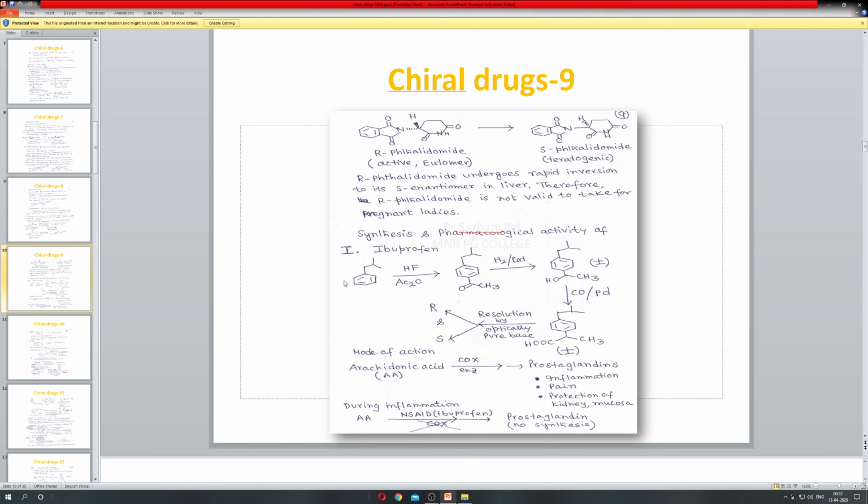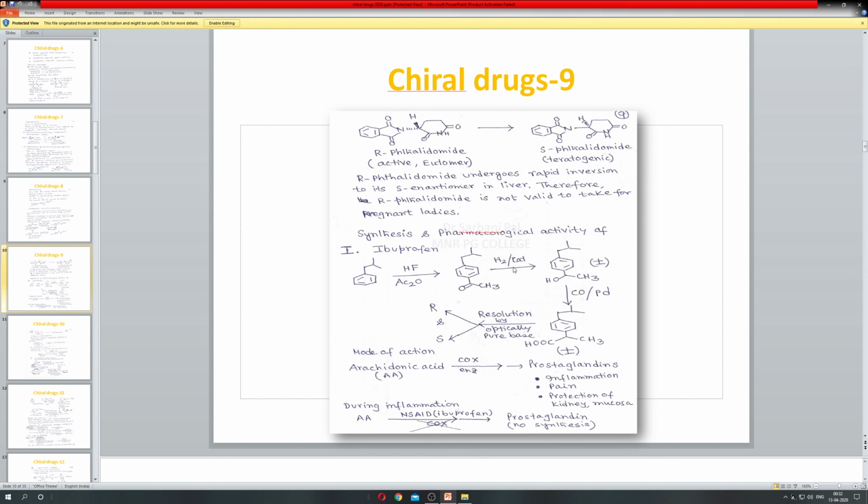Now isobutyl benzene, when it is treated with HF in the presence of acetic anhydride, acetylation is happening. The acetylation is happening at the para position because of the steric crowding of the isobutyl group. This group is ortho-para orienting, but the acetyl group does not go to the ortho position, or it goes very little, because of the steric crowding.